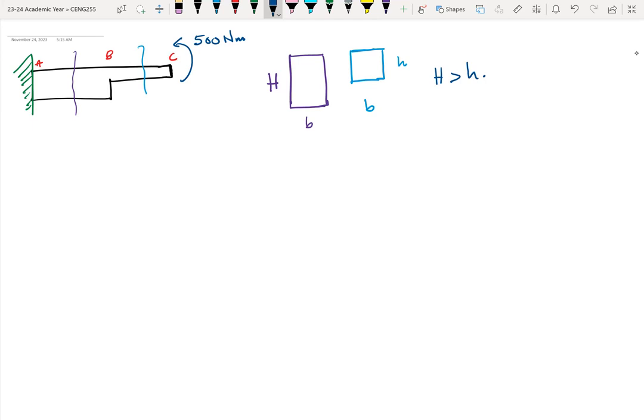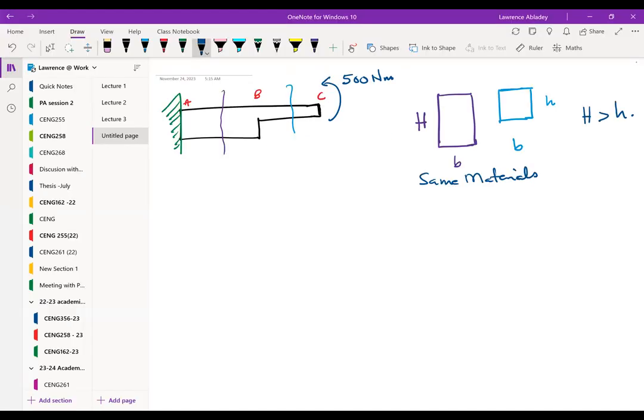It's the same material regardless of whether, excuse me, sorry. Let's say they're made from structural steel.